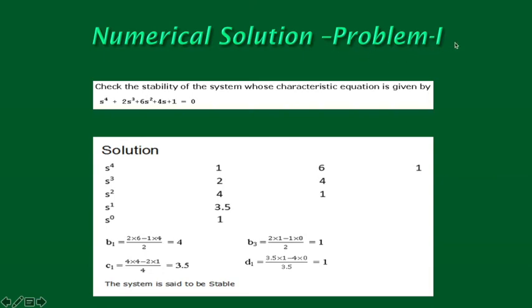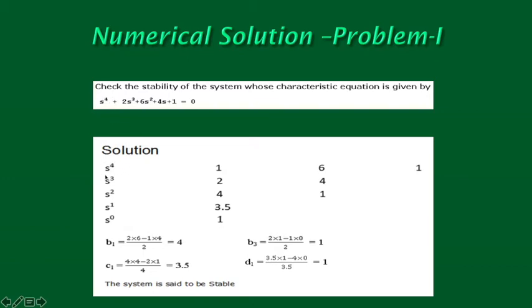Numerical solution, problem 1. Check the stability of the system whose characteristic equation is given by s to the power 4 plus 2s cubed plus 6s squared plus 4s plus 1 equals 0. Then using the Routh criteria, forming this table, the highest power is s4.